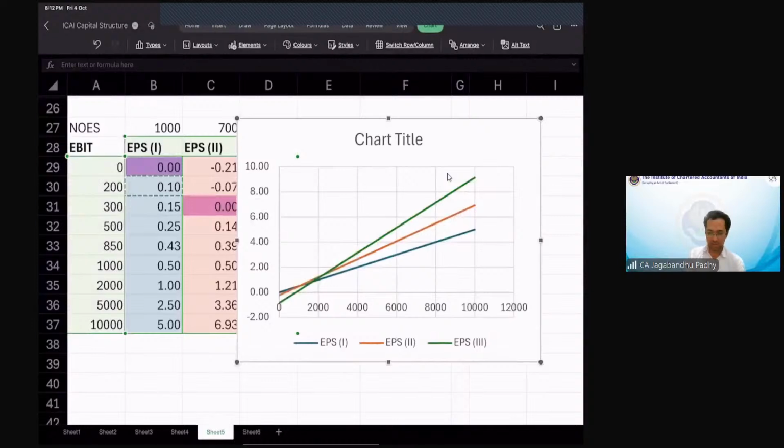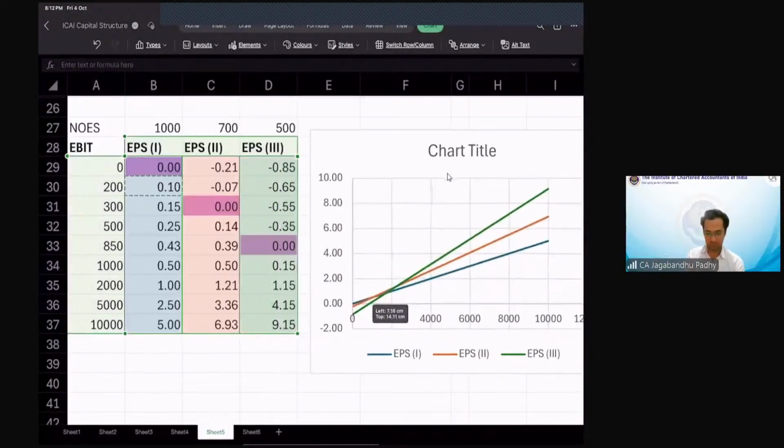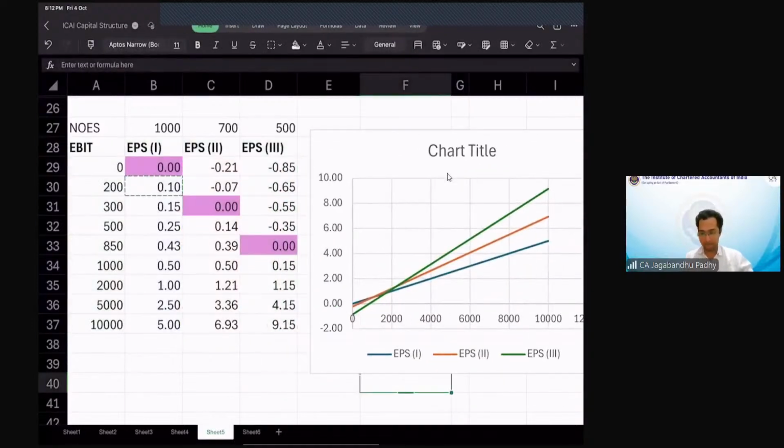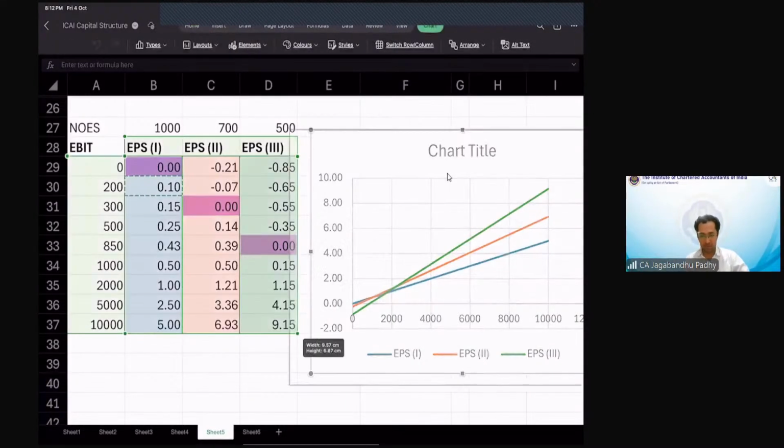Can you see the chart, guys? Yes. Are you able to see the chart? I'll just expand it a bit.